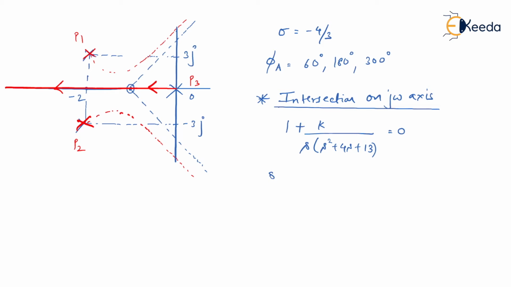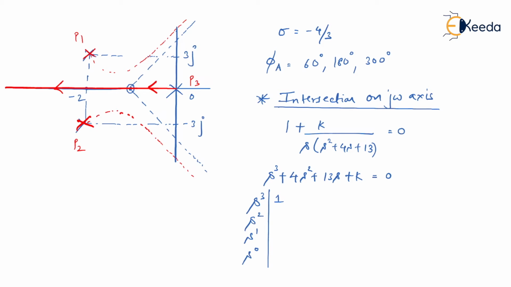Let us cross multiply this. You will get s cube plus 4s square plus 13s plus k equal to 0. So now let us arrange the roots array. It starts from the highest order, that is s to the power 3, s to the power 2, s to the power 1, s to the power 0. Let me write their alternate coefficients.